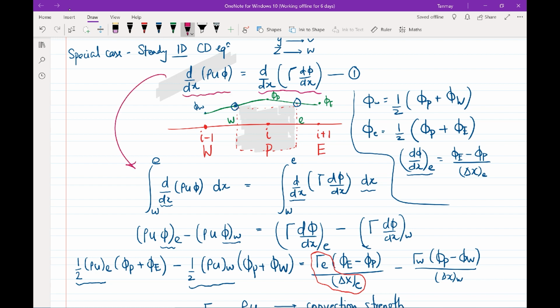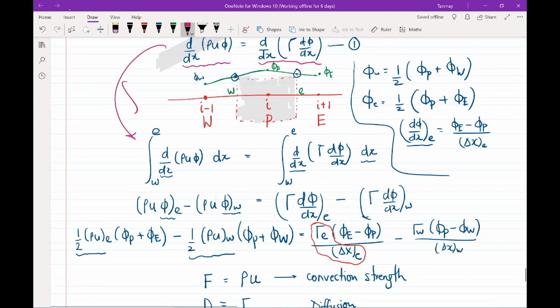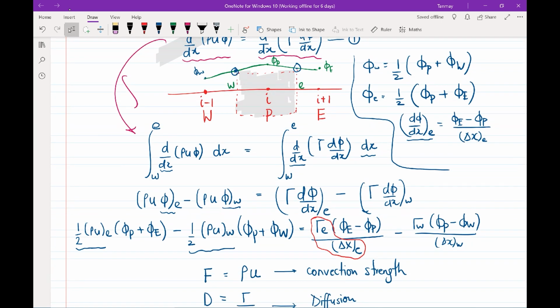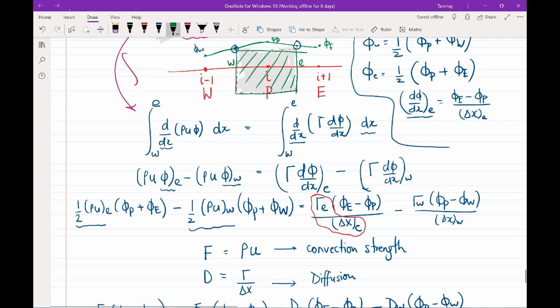And after we integrated the entire equation on this control volume, which is of importance here, around point P, we came to the integral version of the governing equation, which is written here.